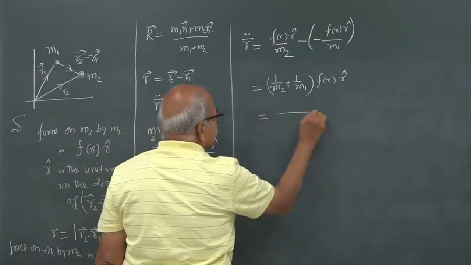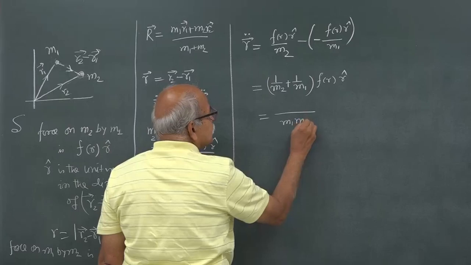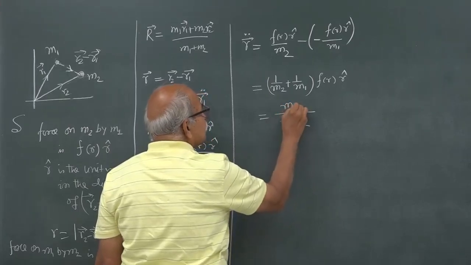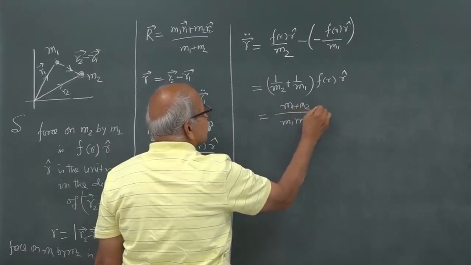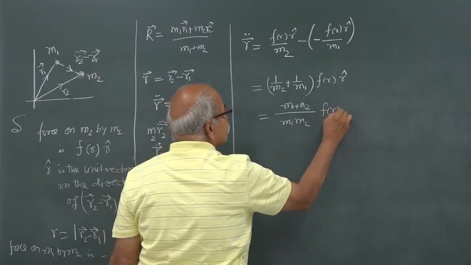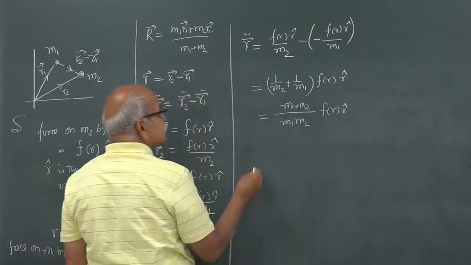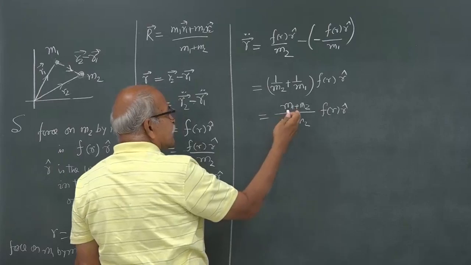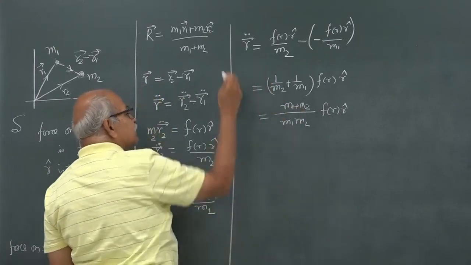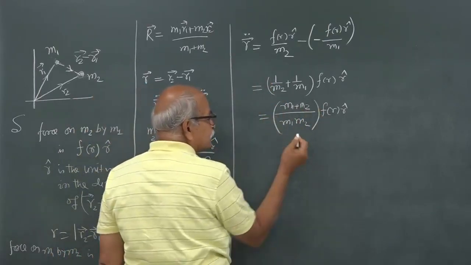Now, this is equal to 1 by m2 plus 1 by m1 times Fr r cap, which is m1 plus m2 over m1 m2, times Fr r cap. So, you can write this as some number.